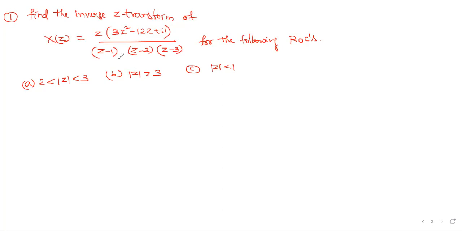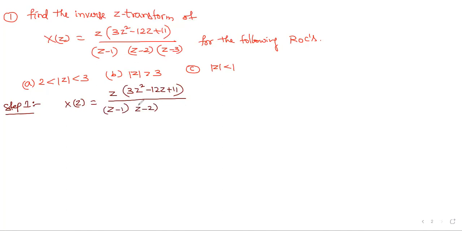Now, whenever you get a numerical like this, first you need to write step number 1. Whatever the X of z given, X of z is equal to z into 3z square minus 12z plus 11 divided by z minus 1 into z minus 2 into z minus 3.